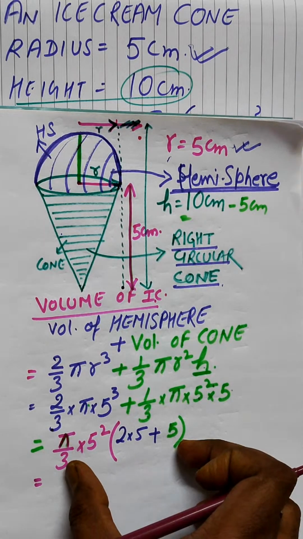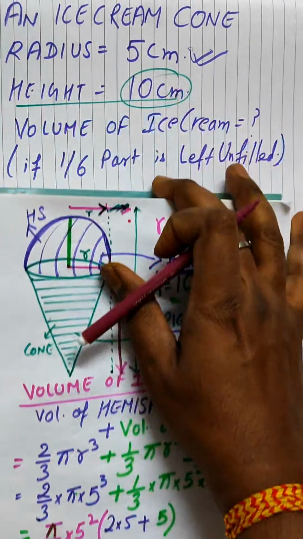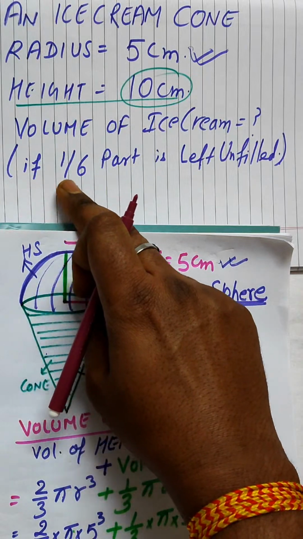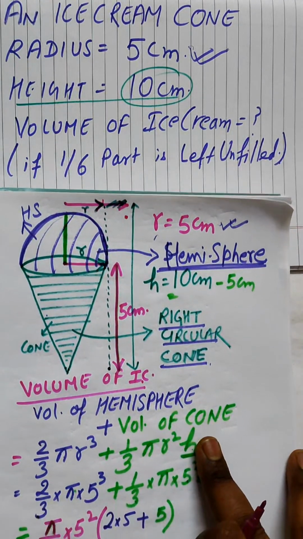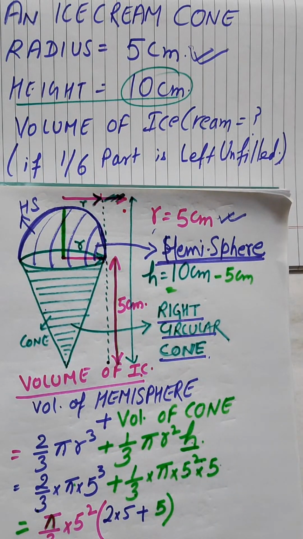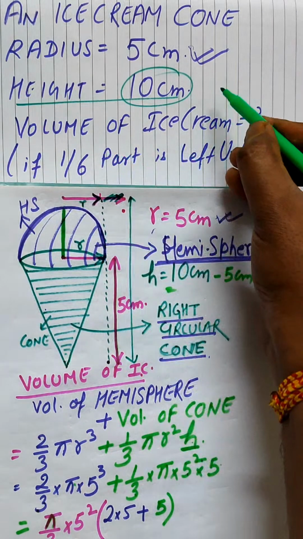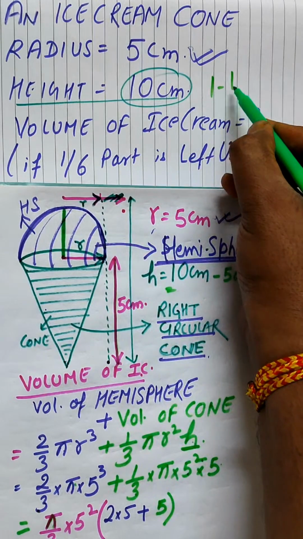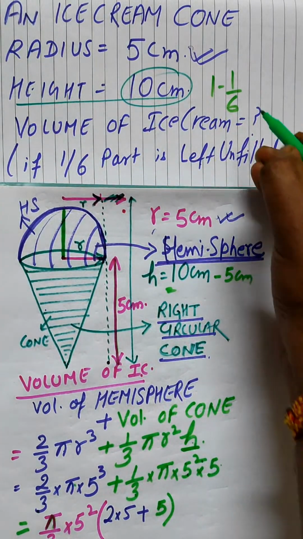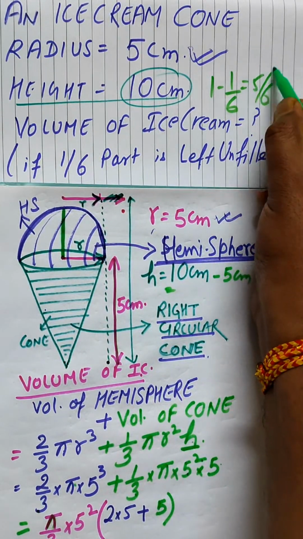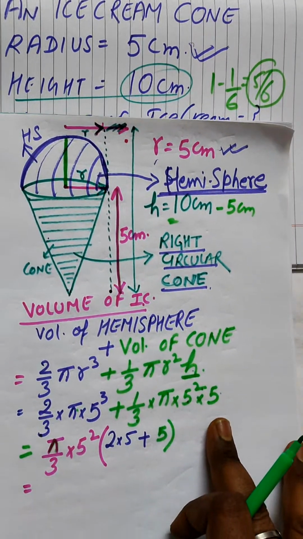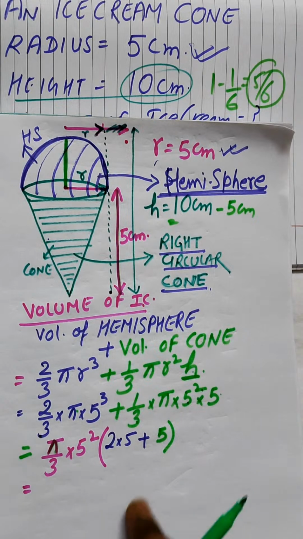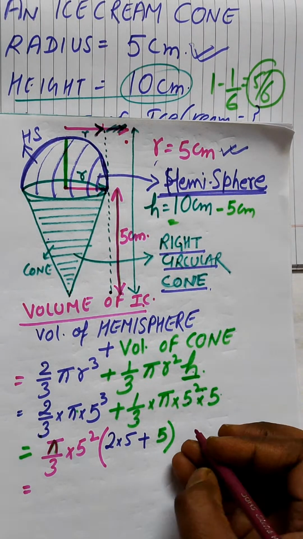Okay, total volume is this much, but mind it, the line given to you in the question says 1 by 6 part is left unfilled, right? Since 1 by 6 part is left unfilled, we are left with how much part? 1 minus 1 by 6, which is 5 by 6. So this is the total volume which we are calculating, but this is not the right answer.